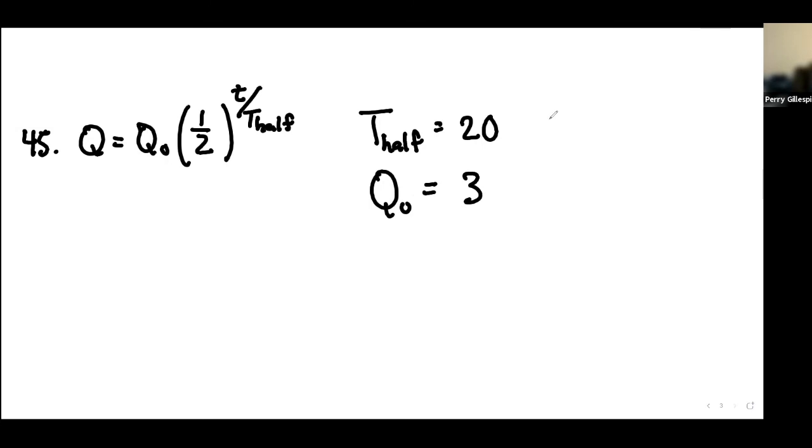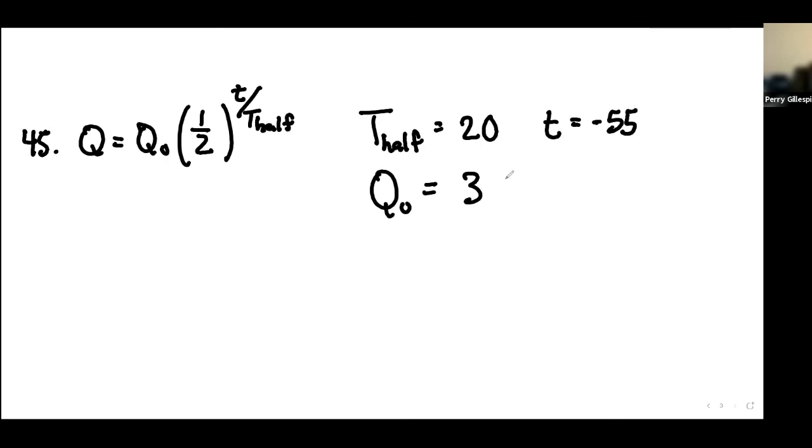Now, the last part is this. We need to find out what the value of T is. T is 55. However, look at the time of T. T was 55 years ago. Because it was in the past, T has to be negative.